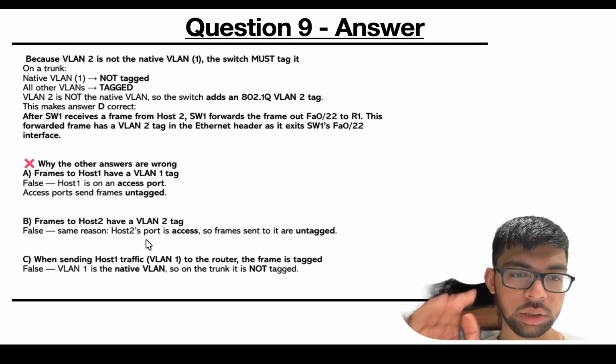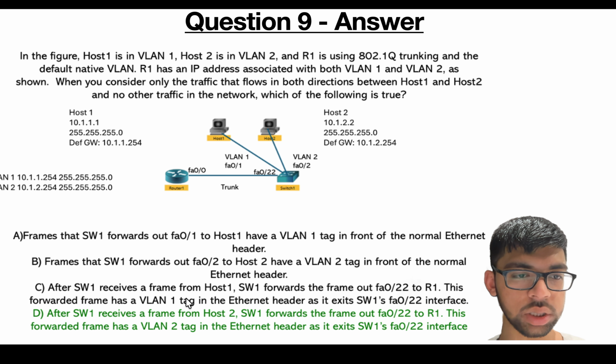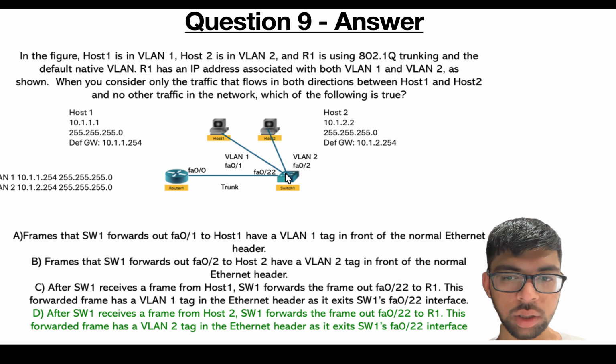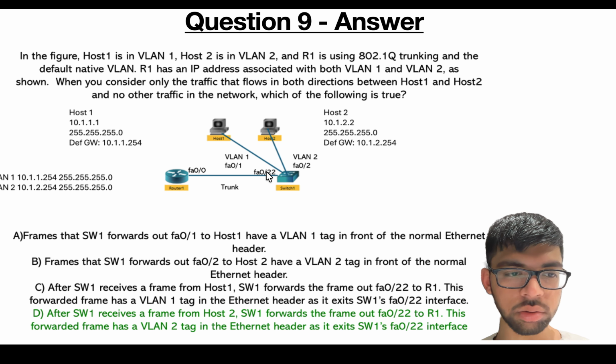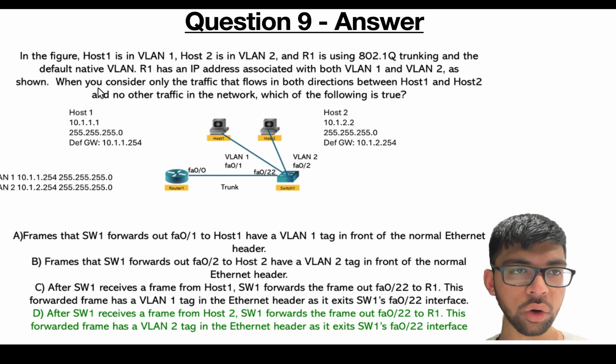Now, C is also incorrect because switch 1 is receiving a frame from host 1, sending out to this port here, fast Ethernet 0/22. The forwarded frame can't have a VLAN 1 tag in the Ethernet header as it comes out of this interface. Why? Because if you look here, router 1 is using dot1Q trunking and the default native VLAN.